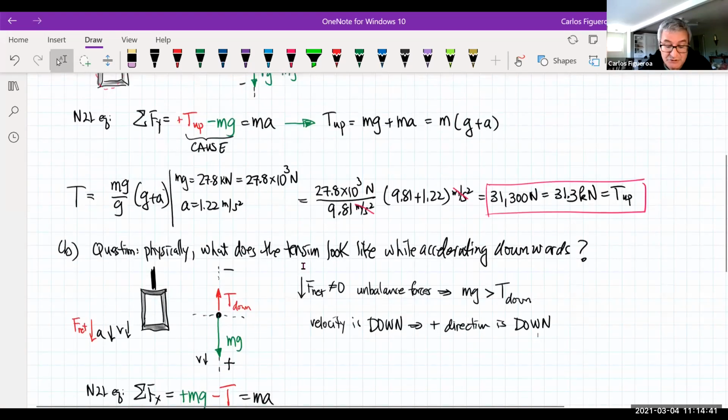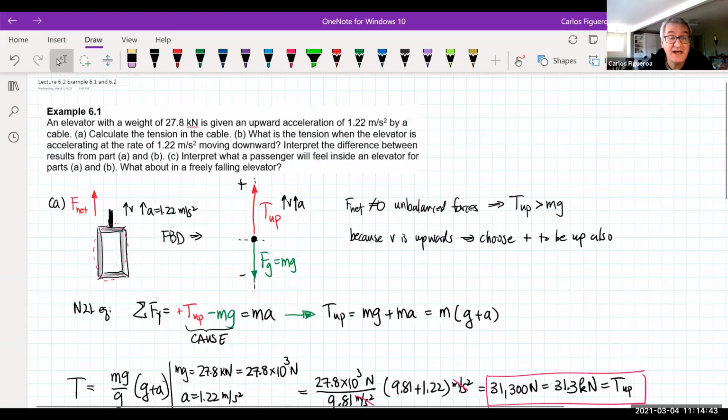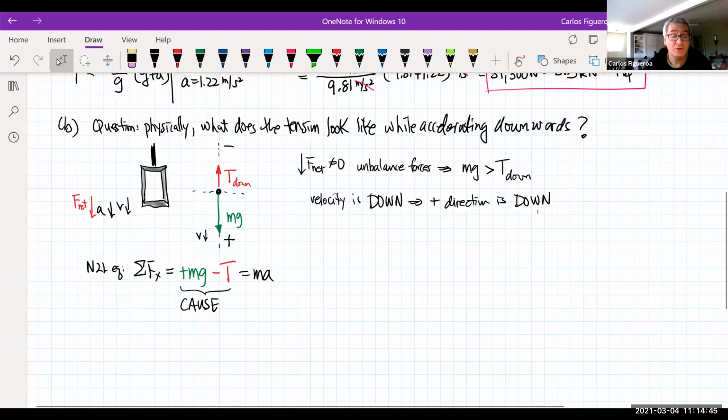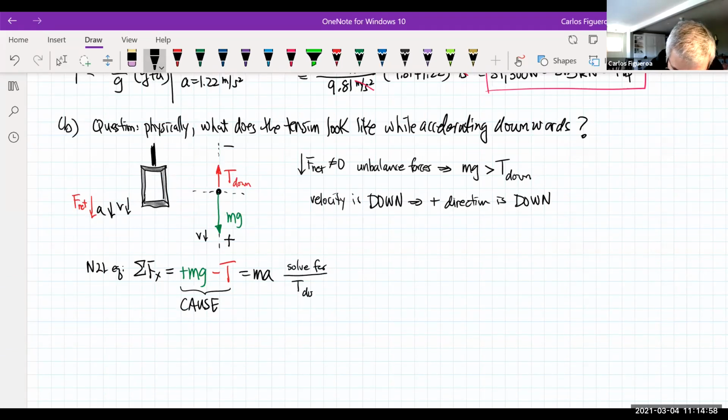And it's because we're using the velocity to tell us how to define that. So here we go. Now that I have this, what I'm going to do here is solve for T down. And note that I didn't write that down here, so I'll have that there.